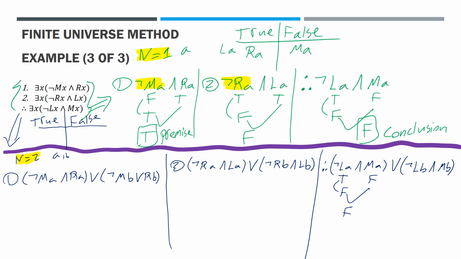And likewise, if we look at this not LB and MB, if we say MB is false, we don't have to, but we can just try LB as true. So that's false now. False and false is false, and false or false is false. So that is definitely what we want. We have a false conclusion.